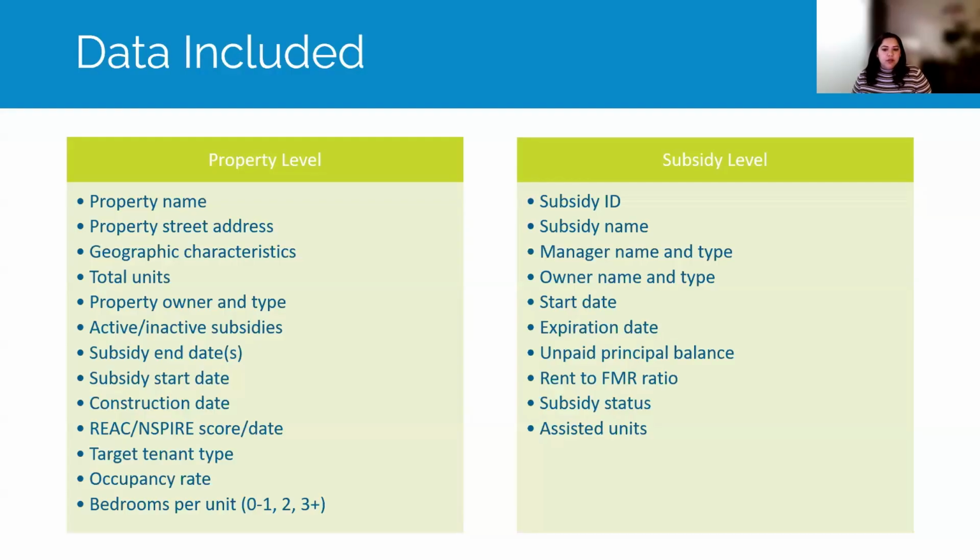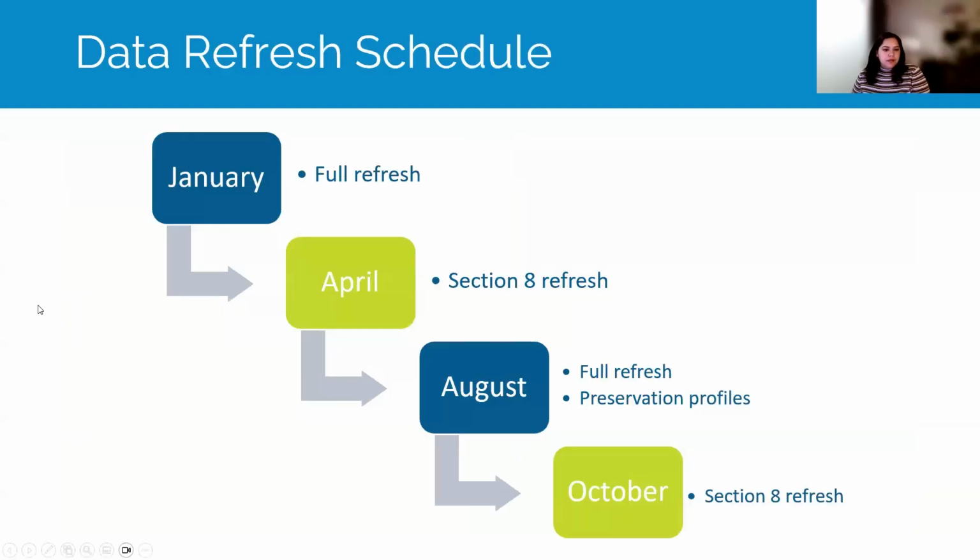At the subsidy level, you will find subsidy ID, subsidy name, owner or manager name and type, the start date and expiration date, and the rent to FMR ratio, among other things. Depending on how robust the data was that we received from the government agency, it will influence how much data is available for each property in the database. Next slide.